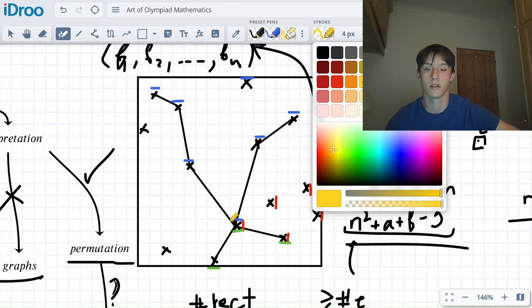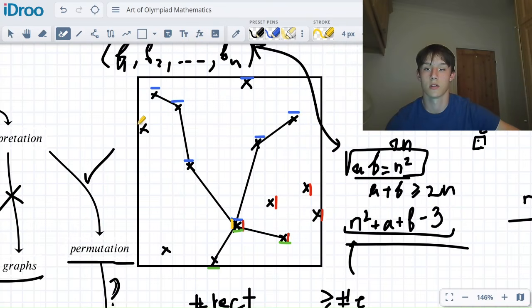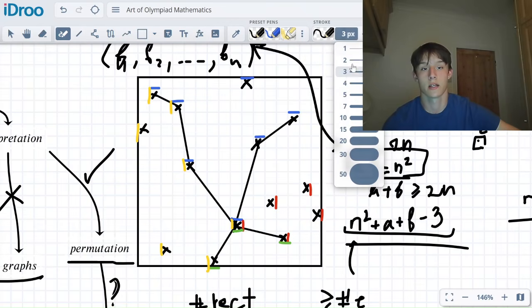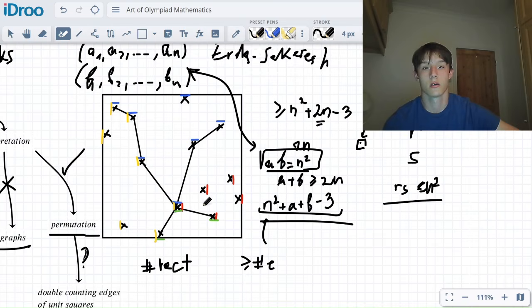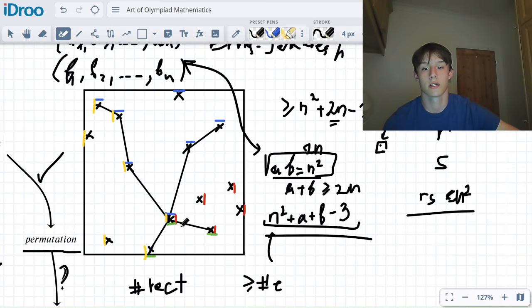And then finally the yellow one, and look at all these ones. Note that for every square that is present on the board, there's exactly one rectangle that can cover it.